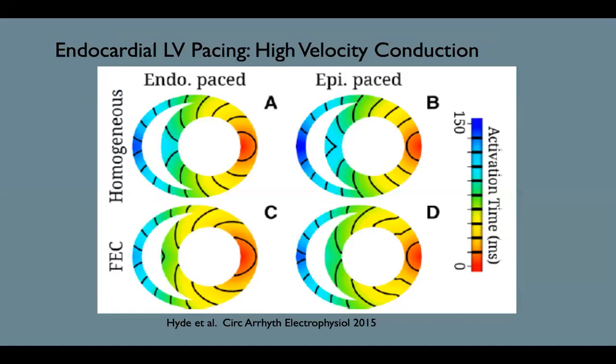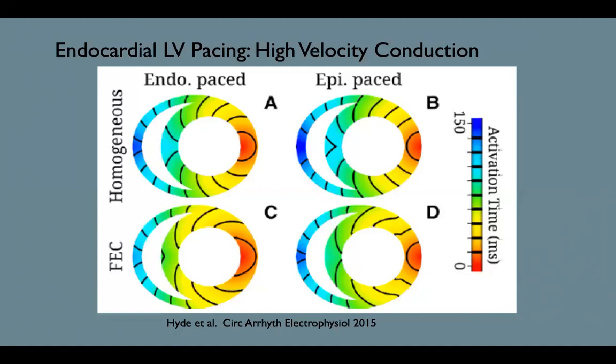With regards to endocardial left ventricular pacing, the main message here is that the velocity of activation is much higher. It's very subtle in this picture, but if you just focus on the bottom two, you can see that there is less late activation with the fast endocardial conduction.